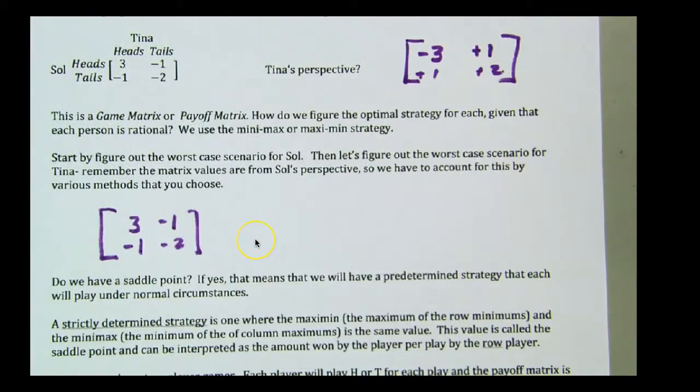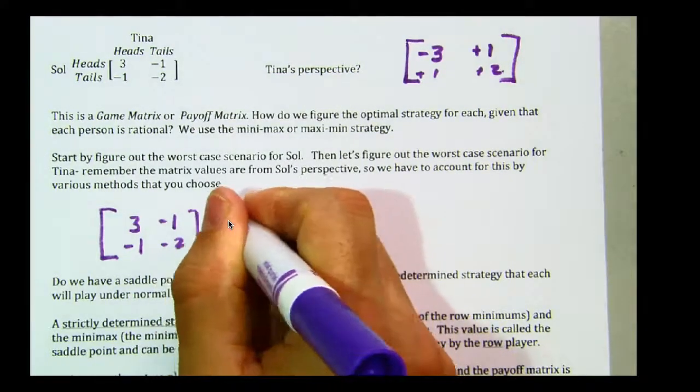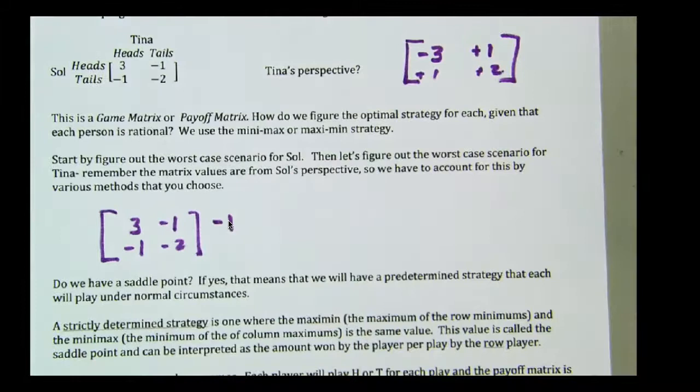Okay? So there is a strategy called the maximin and minimax strategy that we want to look at. If I have the matrix here from Saul's perspective, what I want to do is look at Saul's worst case scenario, which would be the minimum value here. So I look at this and write the minimum value, or what I call the worst case scenario.